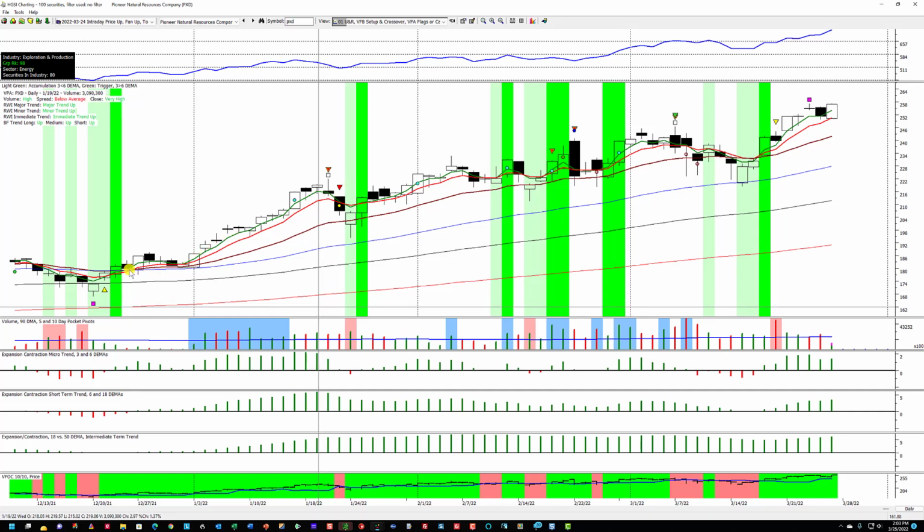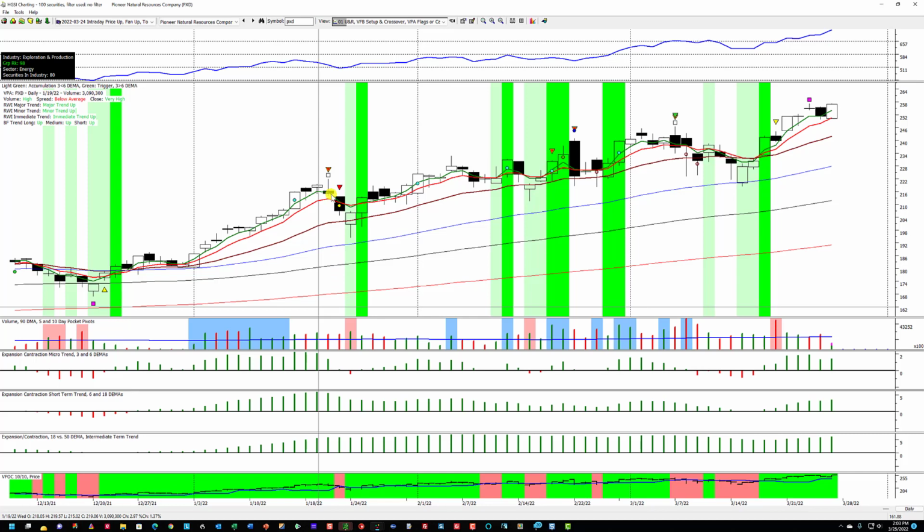And I'm sure if there were history, it would have shown up a lot earlier because the fan is in place and it's a strong relative strength stock. But anyway, from this point, it started showing up in my history. Now, it meets all the conditions. The fan is up.